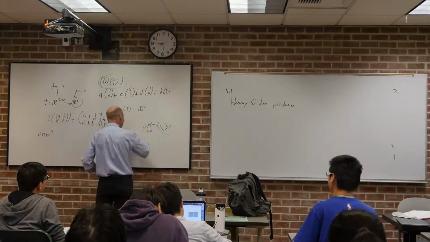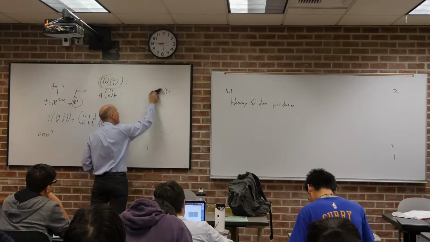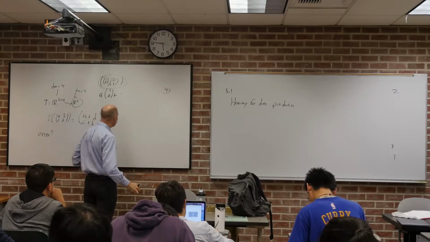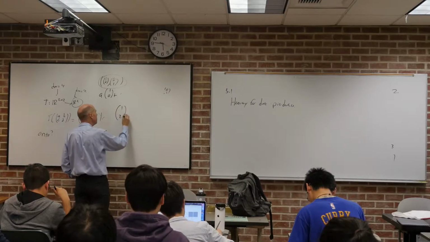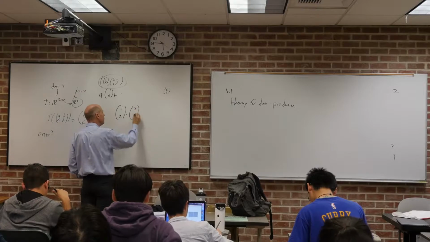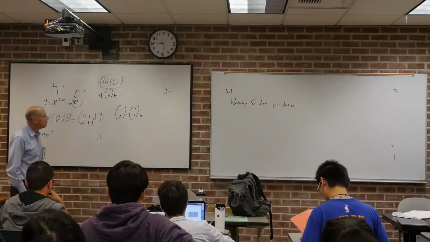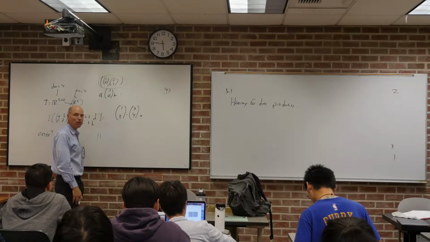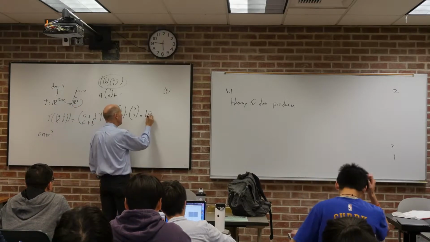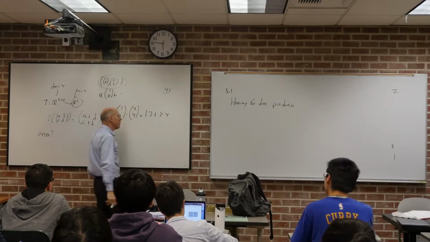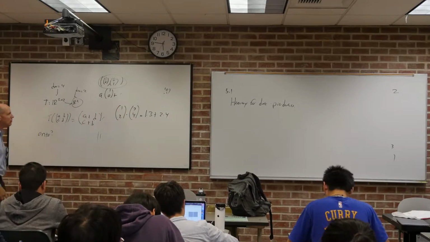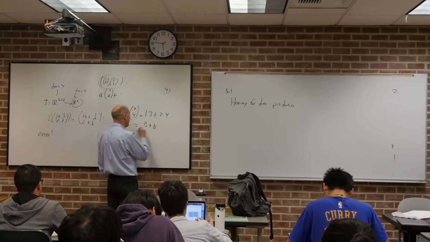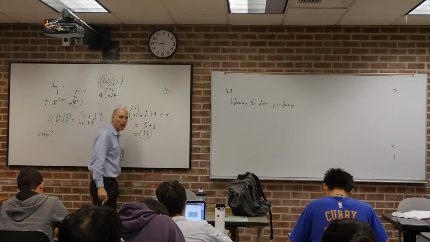So what's the dot product of (1, 2) and (3, 4)? The actual calculation is I do 1 times 3 plus 2 times 4, which is 3 plus 8, which simplifies to 11.